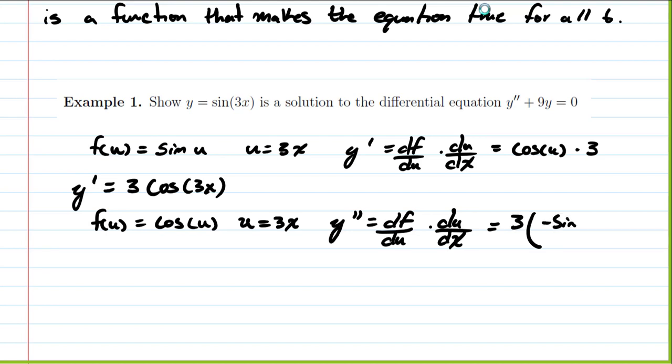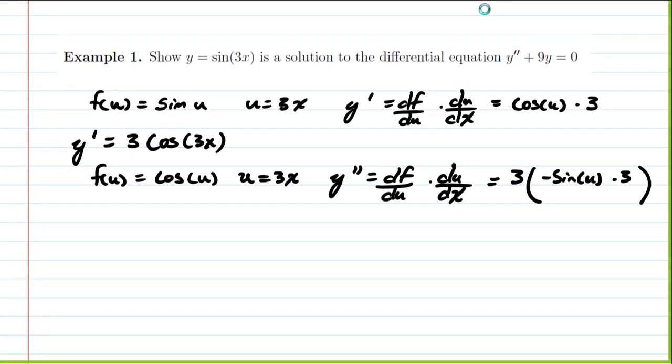So we get negative sine u times du dx, which is 3. So then we get our derivative and back substitute. So y double prime is 3 times 3 times a negative gives us negative 9 sine u, but u is 3x once again. So the second derivative of sine 3x is going to be negative 9 sine 3x, right?